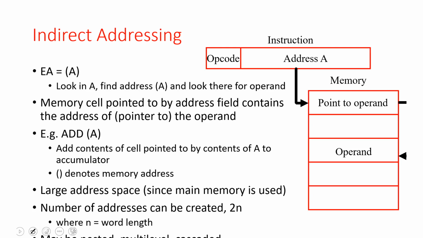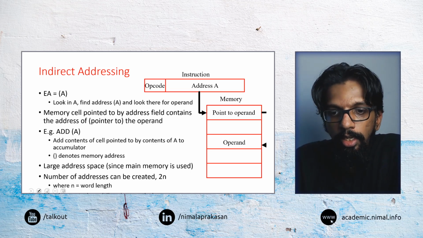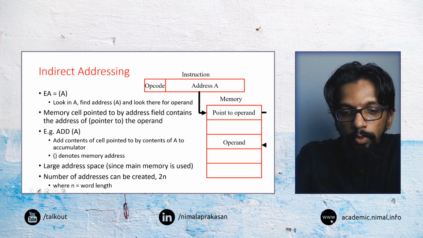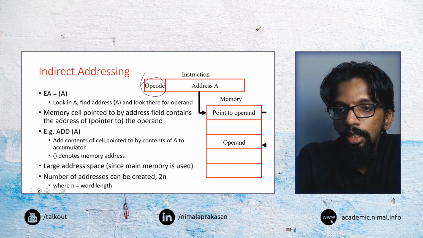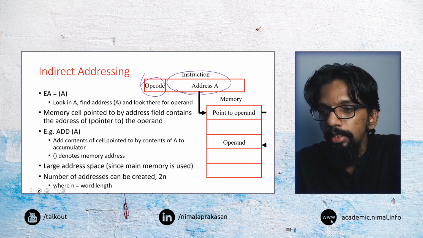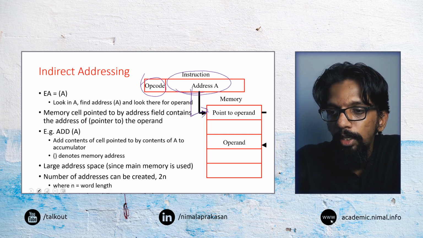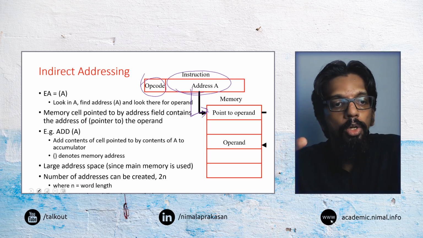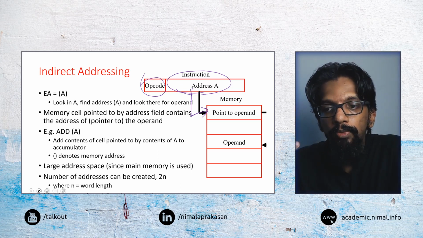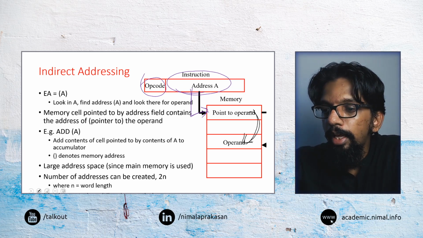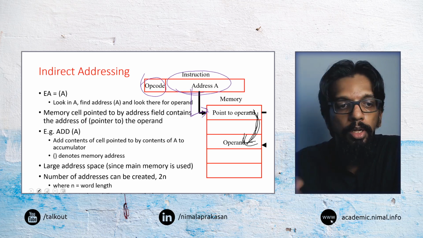The next one we can have is what is called indirect addressing. In indirect addressing, we have the opcode, and the instruction will point to a particular address. But that particular address does not have the operand that we need; it has another pointer to somewhere else, which is pointing to that particular operand.